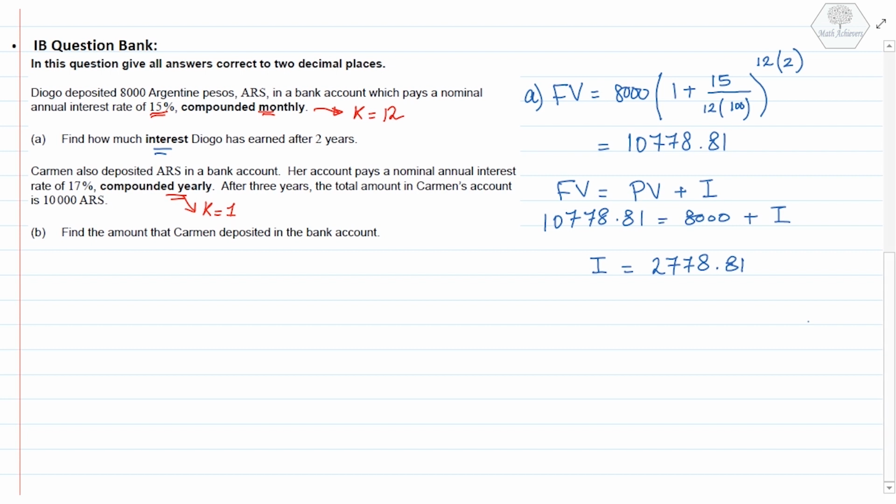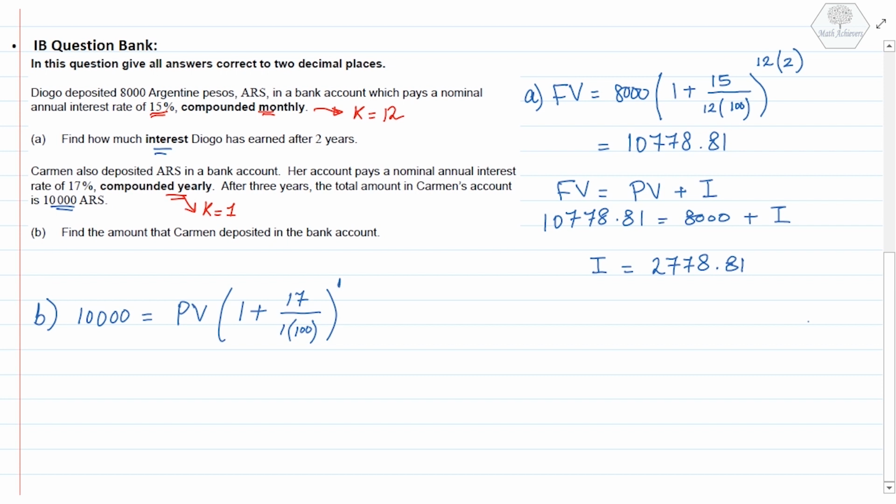Okay. Now I need also to use the same formula. I have the future value to be 10,000, because after 3 years this is the value. So the future value 10,000 is equal to the present value, which I don't know, times (1 plus 17 over K, which is 1, times 100) to the power of K times n.